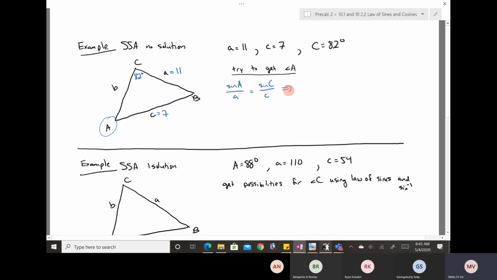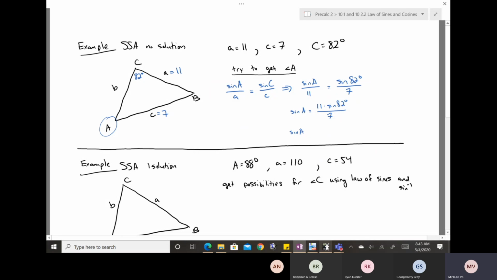So what do we get? Sine A over 11 is equal to sine C, which is 82 degrees, over 7. Then the 11 multiplies over, so you get sine A is equal to 11 times sine 82 degrees over 7.